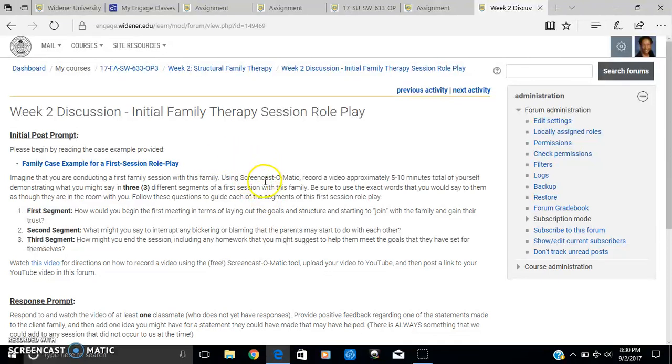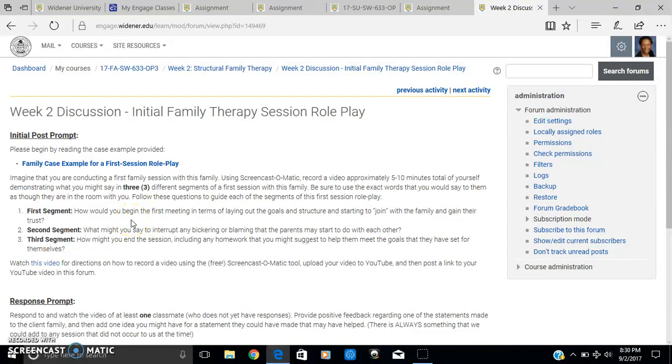Then using Screencast-O-Matic, and again, I can't stress enough to use this source because then that guarantees that I can access your video. Record a video approximately 5 to 10 minutes of yourself demonstrating what you might say in 3 different segments of a first session with a family.